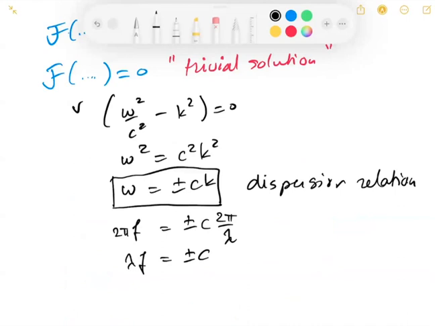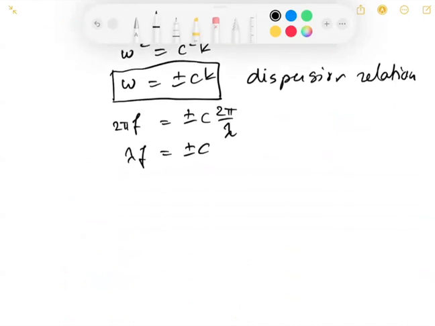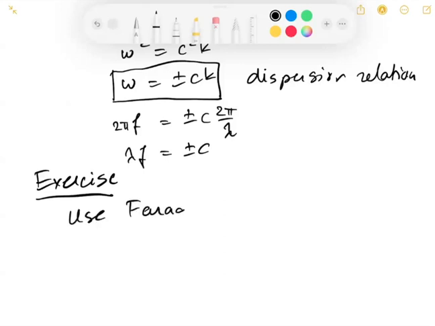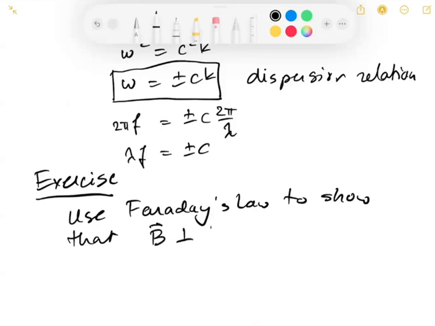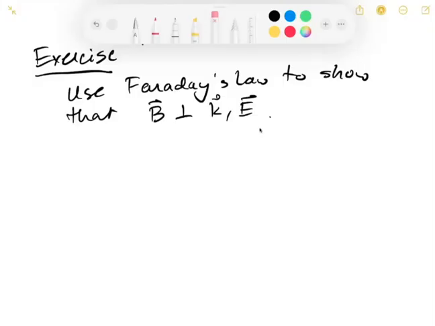All right, now let's do a little exercise. Use Faraday's law to show that B is perpendicular to k, but also E. So by now, hopefully, you are developing this Pavlovian response.